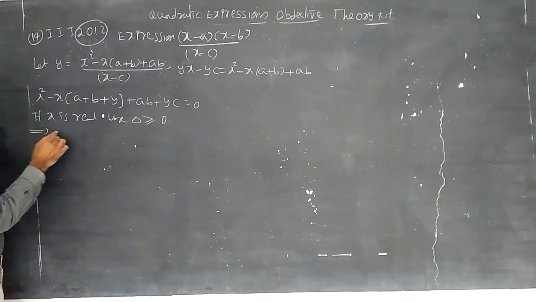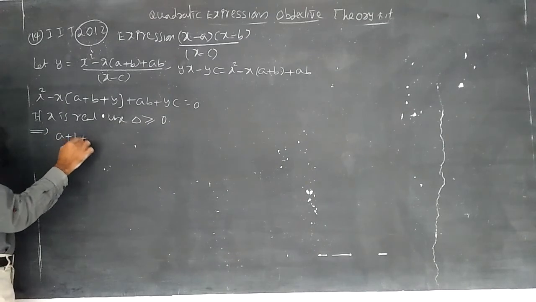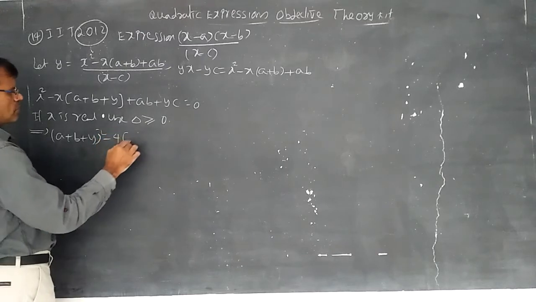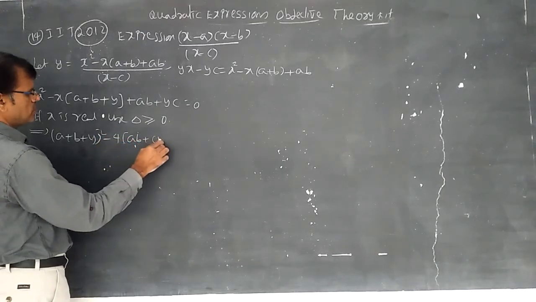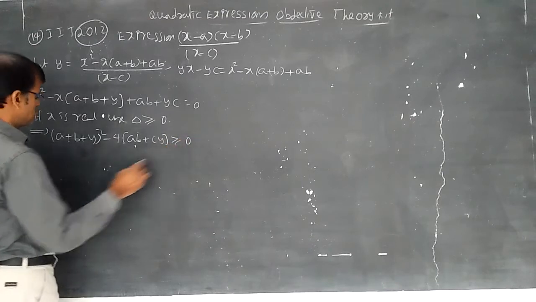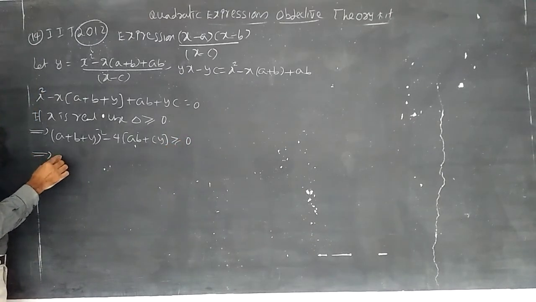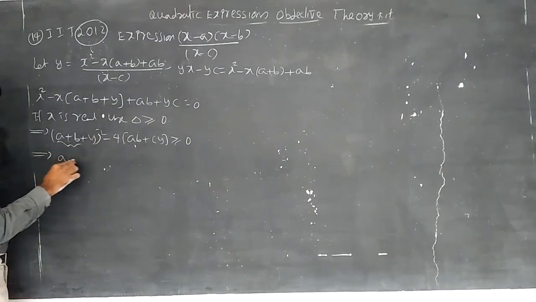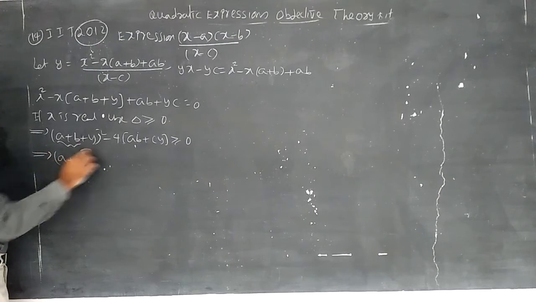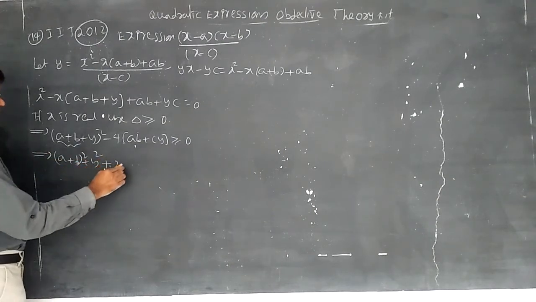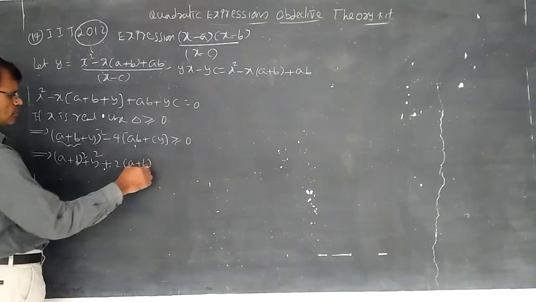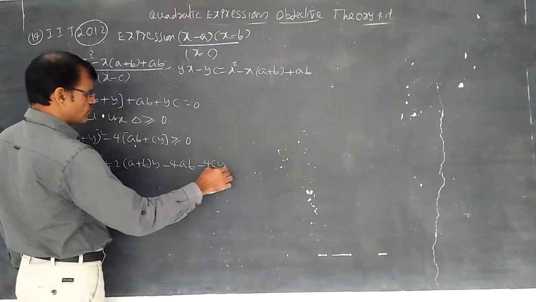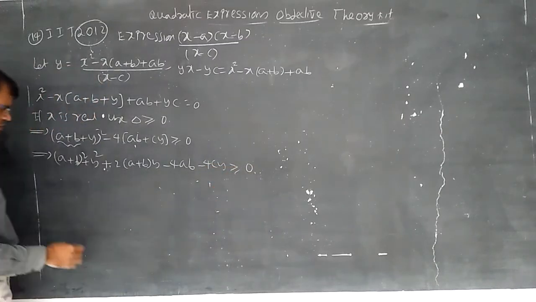That implies b square minus 4ac: a plus b minus y whole square minus 4 into ab plus cy is greater than or equal to 0. Now expand this one. Students, try to understand: this is a, this is b. Now we can write a plus b whole square plus y square plus 2 into a plus b into y, minus 4ab minus 4cy, greater than or equal to 0.